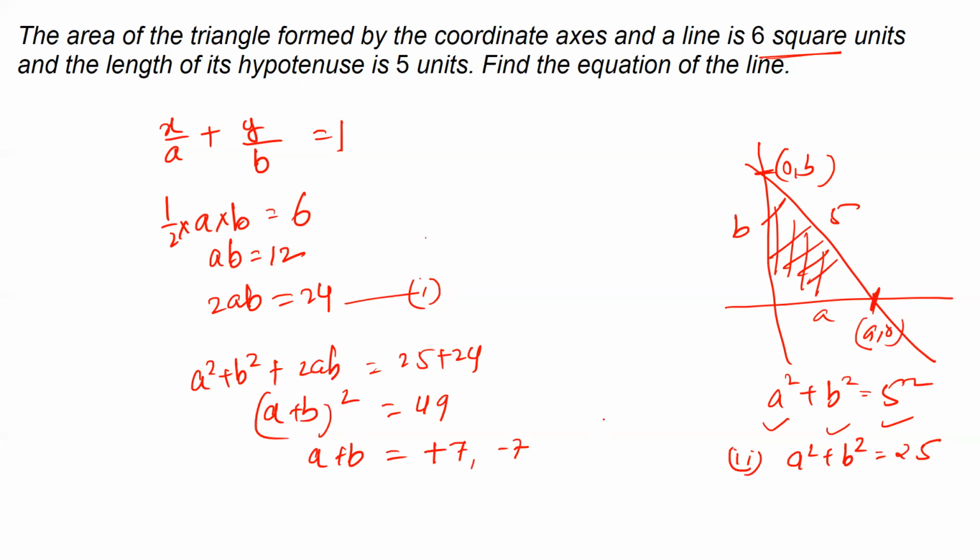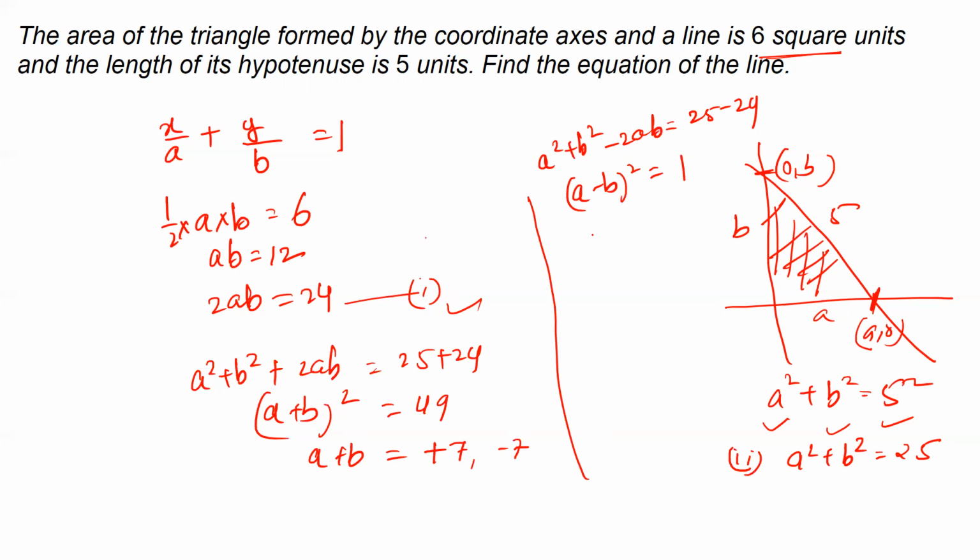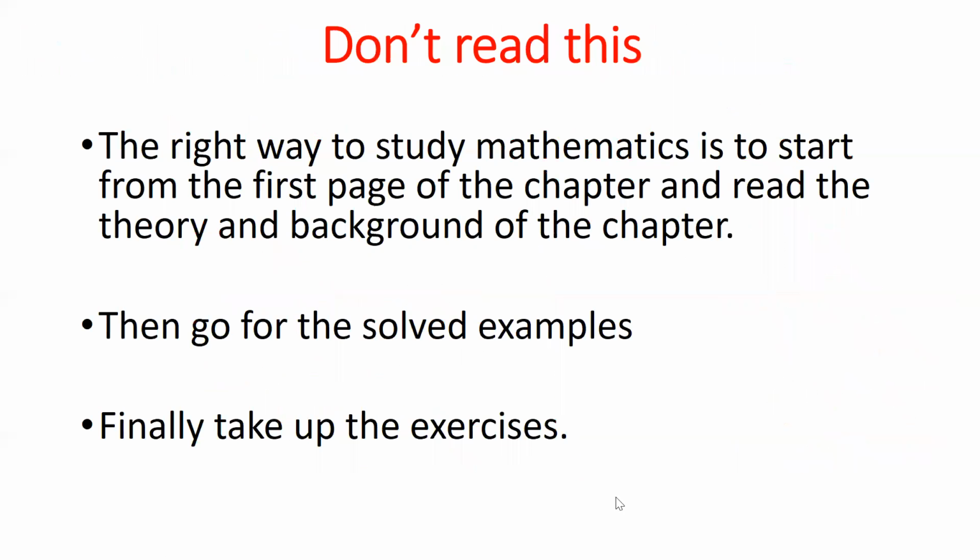Okay, no problem. Now if you subtract these two equations, equation number 1 and 2, what do you get? a square plus b square minus 2ab is equal to 25 minus 24. So you get a minus b the whole square is equal to 1. So you get a minus b is either plus 1 or minus 1.